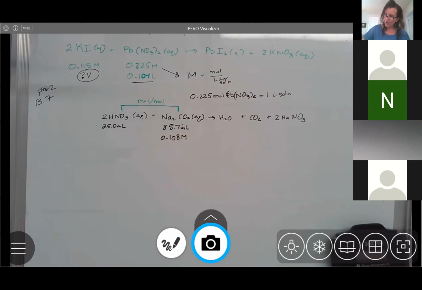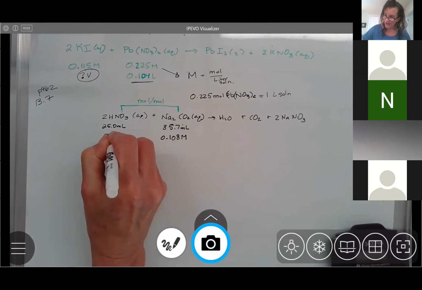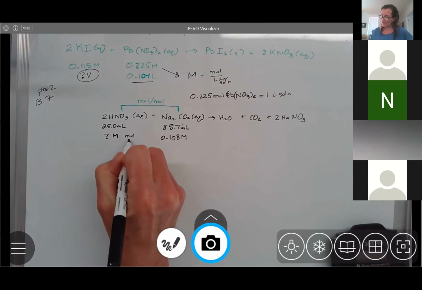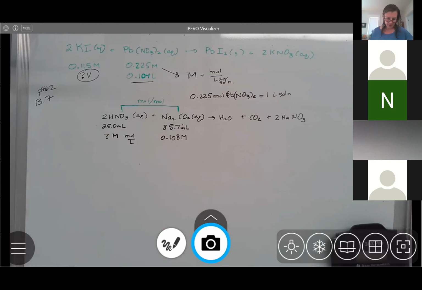And they want to know what is the concentration of the nitric acid. So in this case, we're not solving for volume, we're solving for concentration, and so our answer will be in moles over liters. Okay, so let's start with what we have.